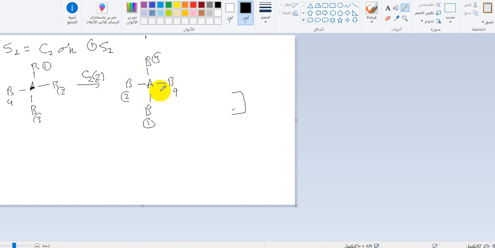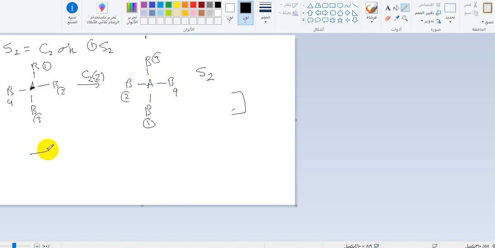Take 5 atoms on the same level. This is S2, and the sigma perpendicular to the axis is sigma h.